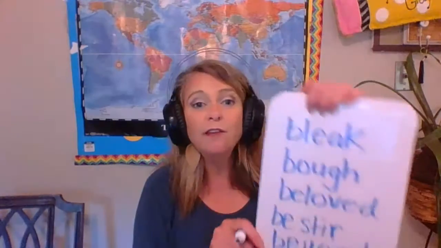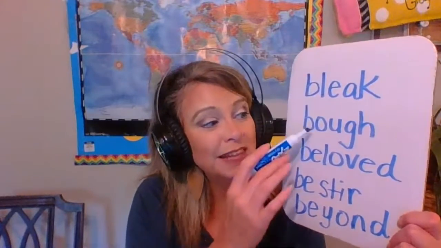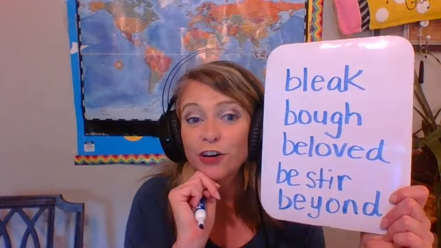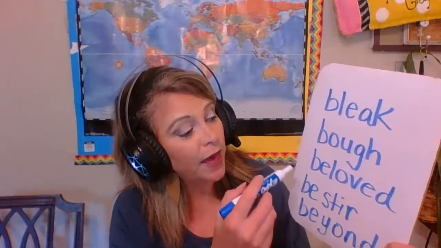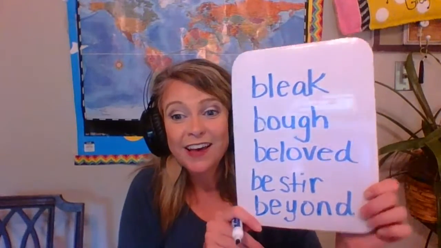Okay, I've taken 5 words out of the story of Charlotte's Web, and I want to put them in order, okay? If they have all the same letters, we have to look to the second letter to figure out the alphabetical order, okay? So they all start with B. I'm not sure which one goes first, okay?